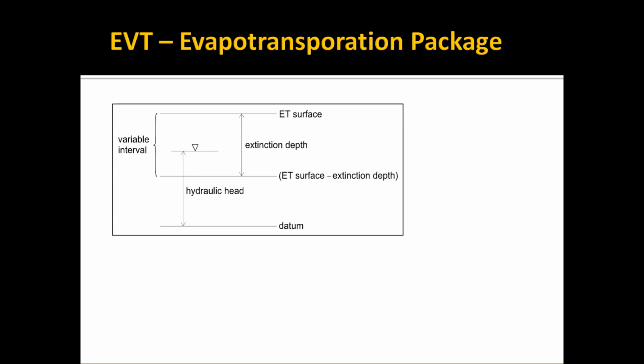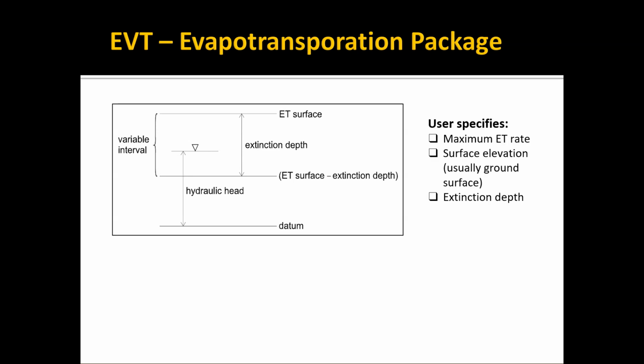So for each cell, you define an ET surface, which is typically the ground surface. You also identify a maximum ET rate, and you also identify an extinction depth. The theory is, if the head in the cell is anywhere between the ET surface and this extinction depth, then there's some amount of evapotranspiration occurring.